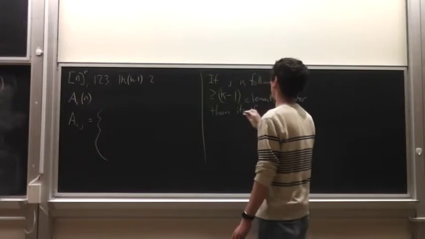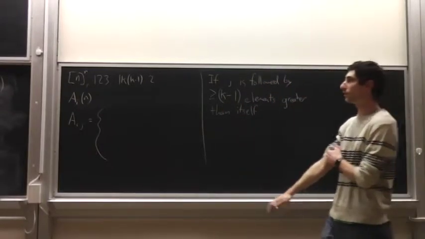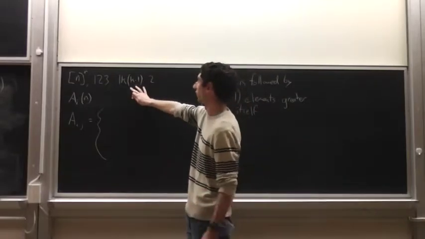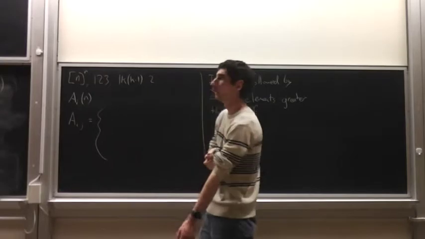So if it's followed by more than k minus 1 elements greater than itself, then either they're all going to be decreasing, and so we're going to end up with one of these patterns, or two of them will be increasing, and we'll end up with this pattern.